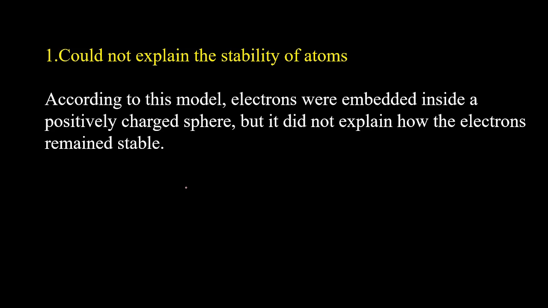So how they are stable is not properly explained. As the positions and the stability of electrons are not properly explained, the stability of the atom is not properly explained by the J.J. Thomson atomic model.